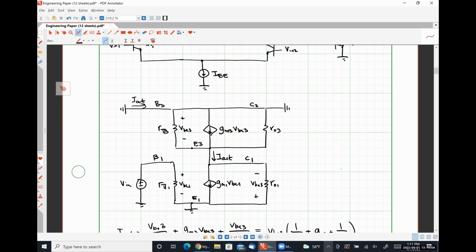To be clear, all you do is short circuit the output terminal and then figure out what current flows into that short circuit, then take the ratio, relate that output current to the quantity VN, and you're done. Luke, you're raising your hand, I think.